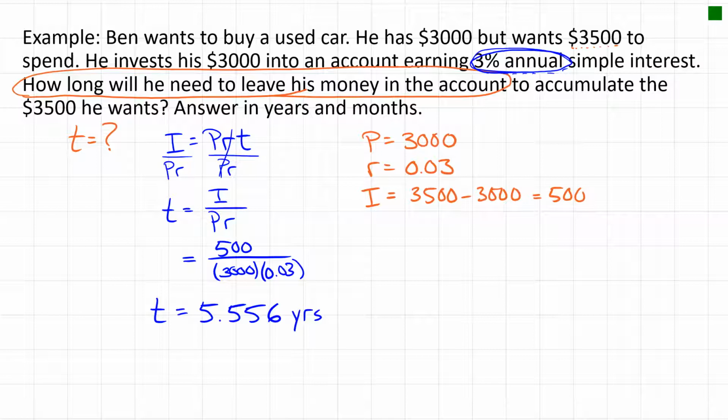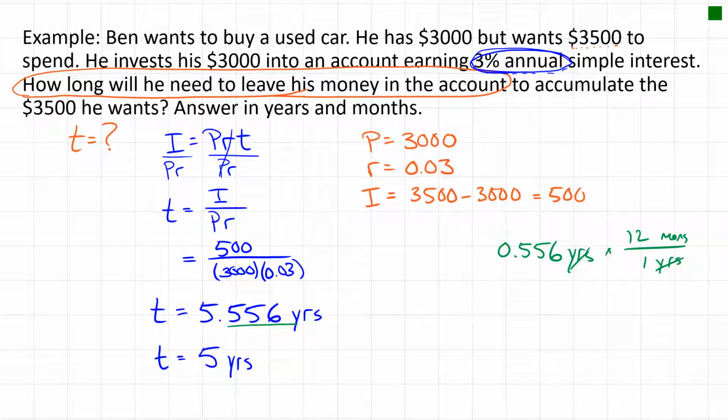So we want to answer in years and months because 5.556 years doesn't mean a lot to us. So this is equal to T is 5 years, and we need to figure out how many months is represented here. 0.556 years, converting that into months. Well, for every 1 year, there's 12 months.